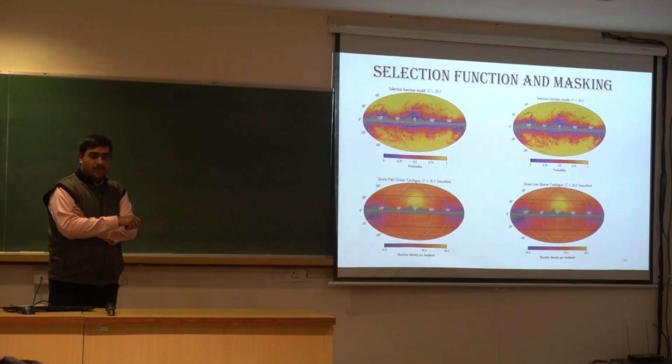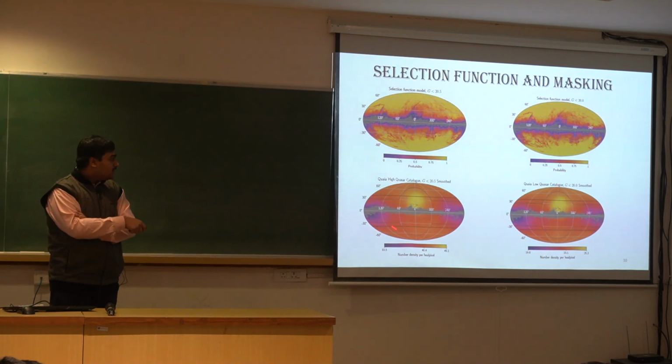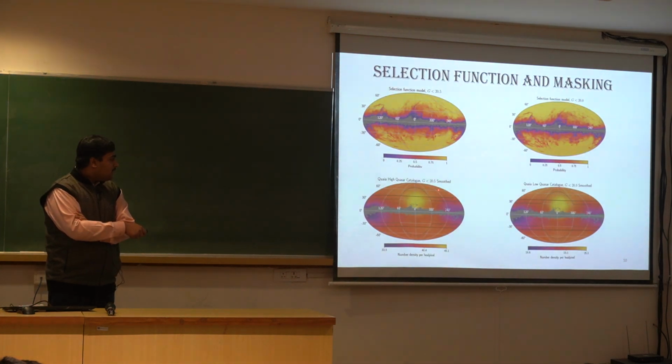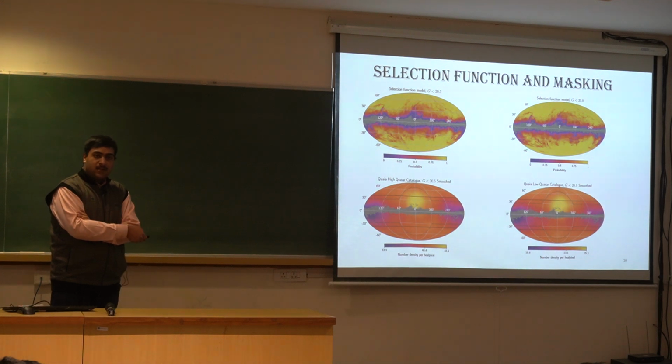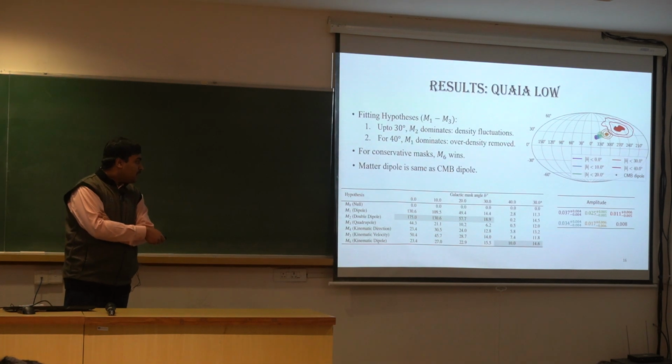In the 30 star mask, we removed data within 30 degrees of the galactic plane, and we removed this circular patch present here. So our idea was that if we implement this kind of mask here, then all of the contaminated data points should be removed. And indeed, this is what happened.